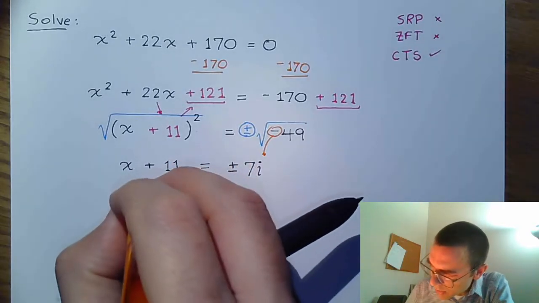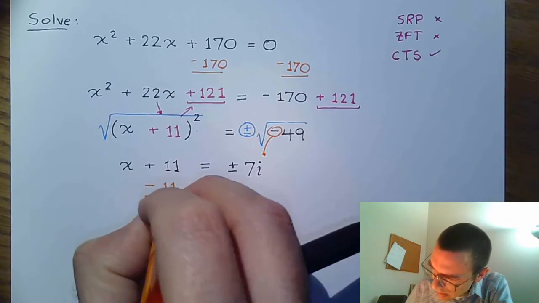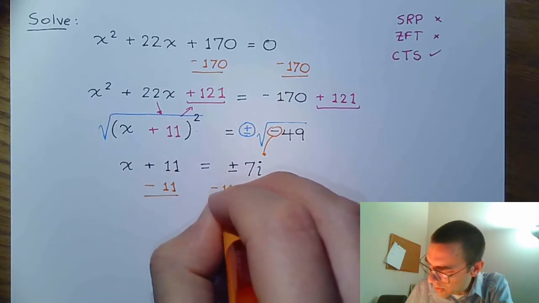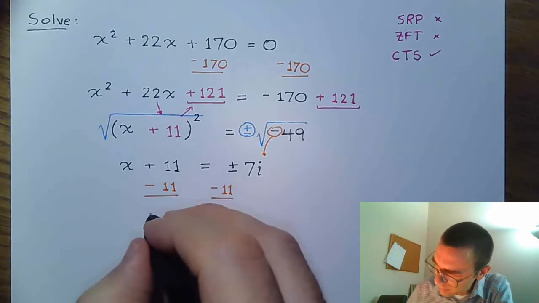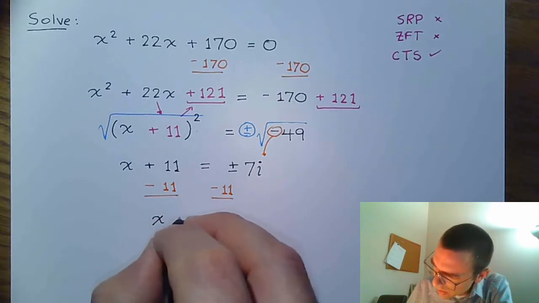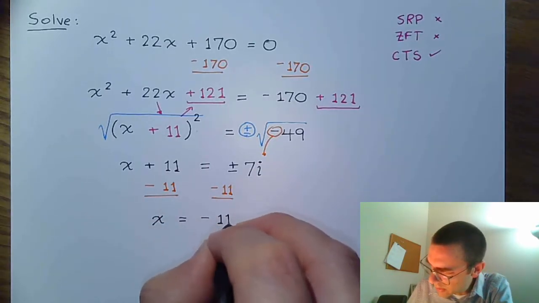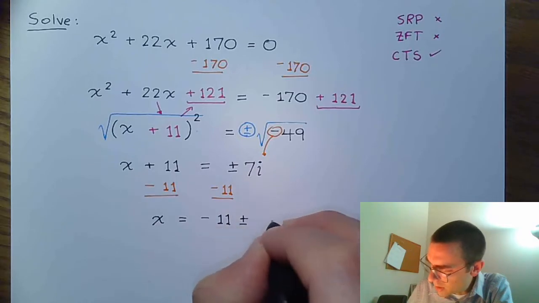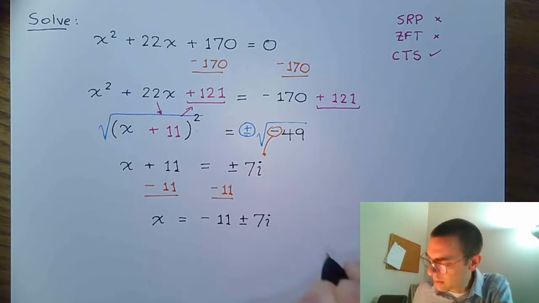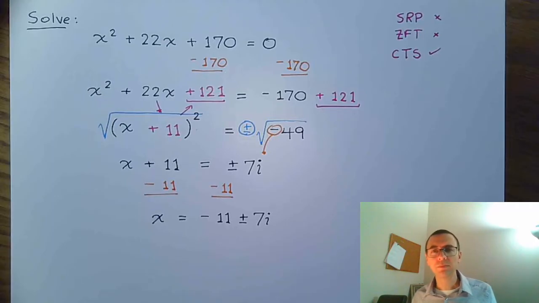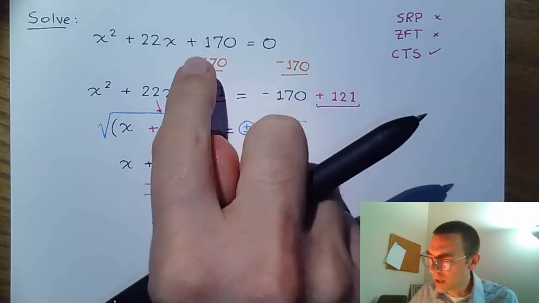And then with our last step, we're going to subtract 11 on both sides. So x is equal to negative 11 plus or minus 7i.